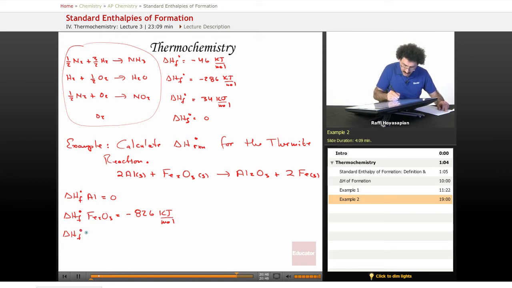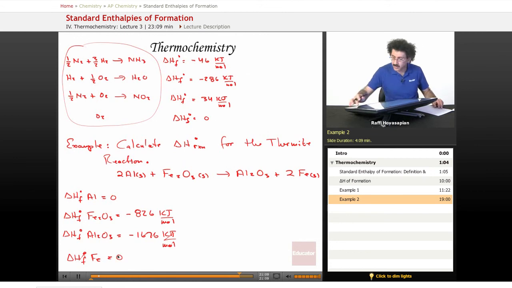The delta H of formation of Al2O3 is equal to minus 1,676 kilojoules per mole. Wow, incredibly exothermic. And the delta H of formation for iron, well, iron is an element, 0.